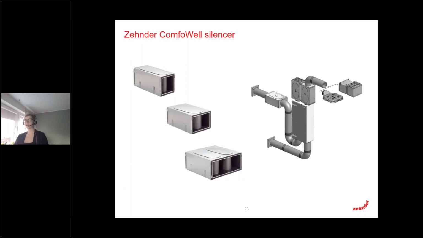Also in the system, an important part is the silencer. For us, we are offering the ComfoWell silencer. This is a silencer that comes in different sizes depending on the air volumes and depending on the silencing needed for this specific system.